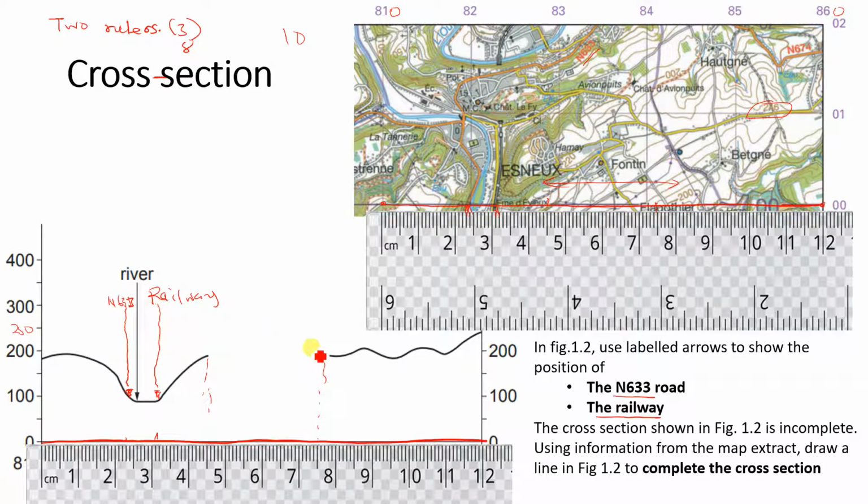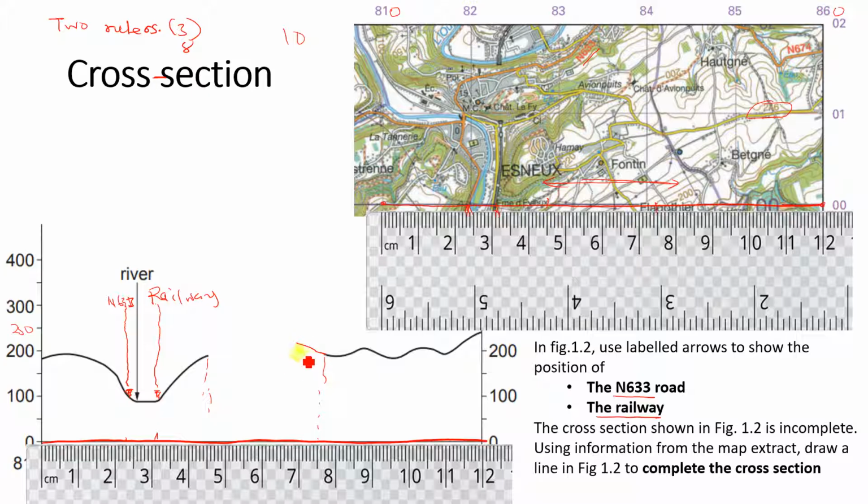So to complete this, I'll draw my line, but it should not be up to 250 because the largest point there is 246. I can increase it, but it will not touch 250, and then it comes down to 200. That is all. You're done.